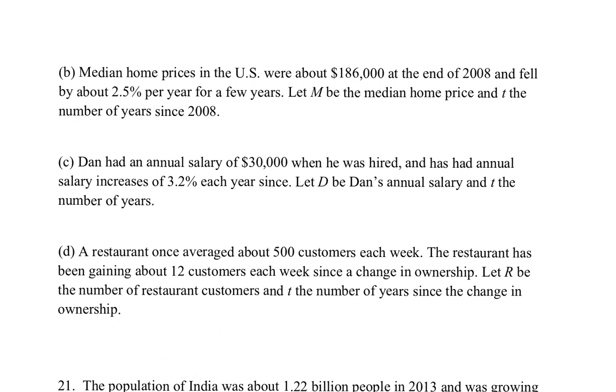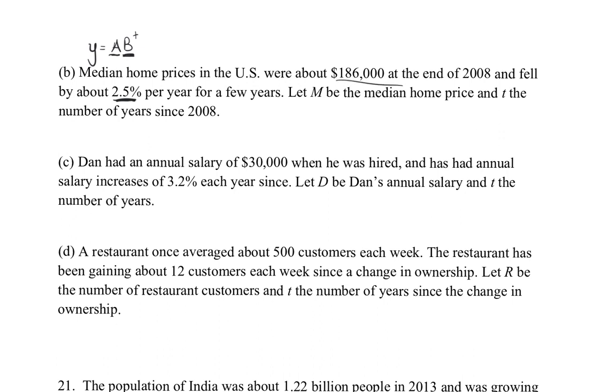So, since the price is falling by a percentage, that means we're going to be using an exponential function following kind of the formula y equals a times b to the t, where a is the initial price and b is the rate. So a is pretty easy.